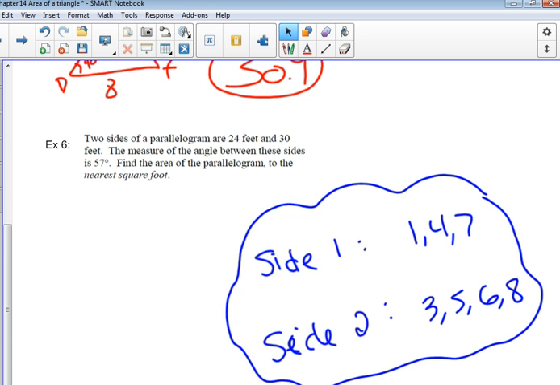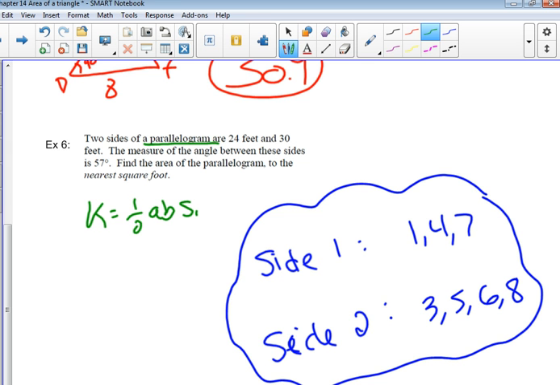But just make sure if it's a parallelogram, what do you have to do to it? Take out that 1/2. Okay. So if you were going to set this up, since it's a parallelogram, get rid of that 1/2. We should have 24, 30, sine of 57.